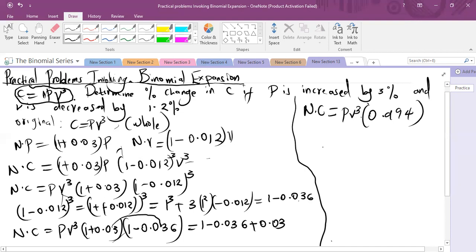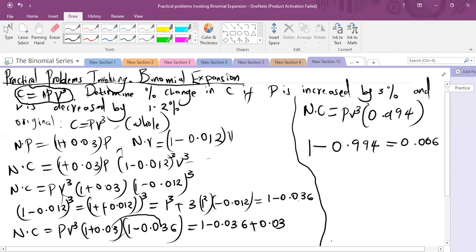Now, initially, C was whole, it was 1. And right now, our C is 0.994. So what has happened? C has obviously decreased. And by what percent? Initially, C was 1, and right now it is 0.994. So what is the difference? 1 minus 0.994 gives us 0.006.